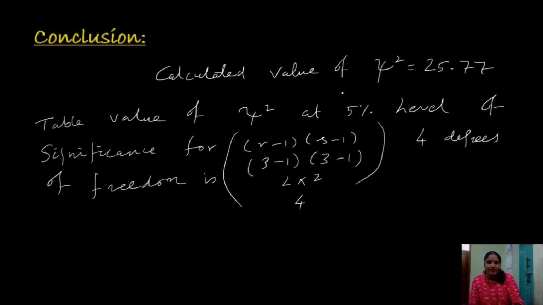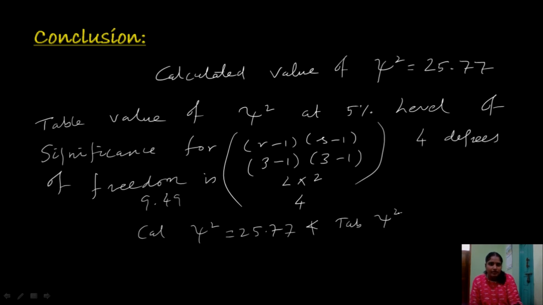So our table value of chi-square is 9.49. So our calculated value of chi-square, 25.77, is not less than the table value of chi-square, which is 9.49. That means we reject H0, or alternatively we accept H1.